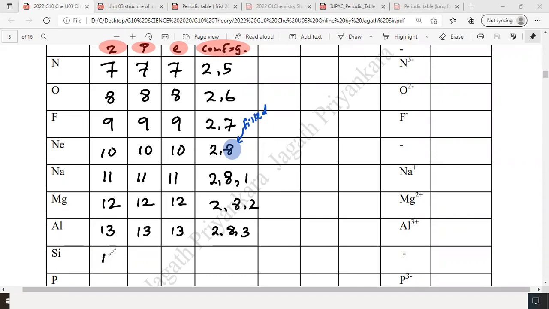Silicon atomic number 14, protons 14, electrons also 14, configuration 2,8,4. Are you all writing? Okay, next one. Shall I read the screen?